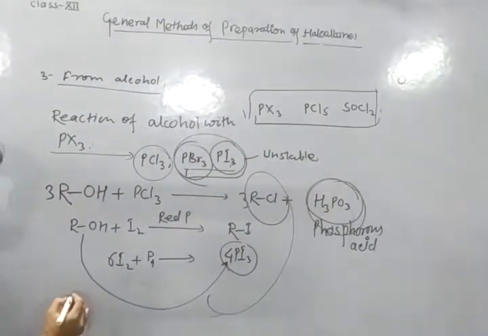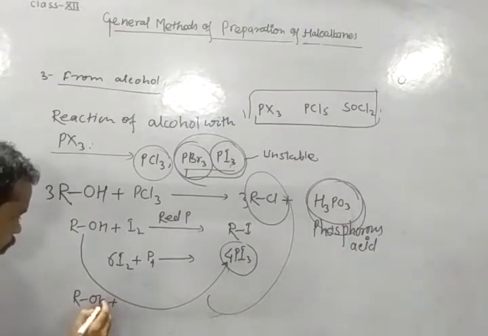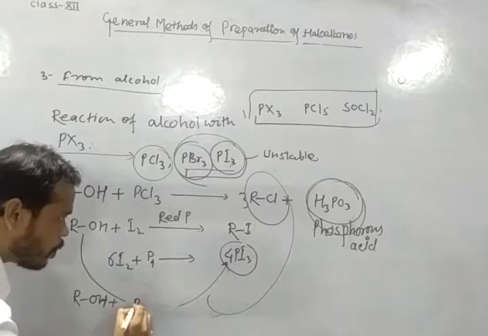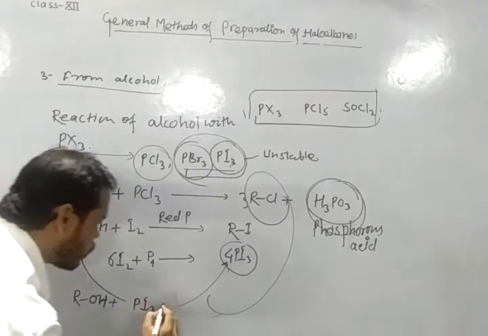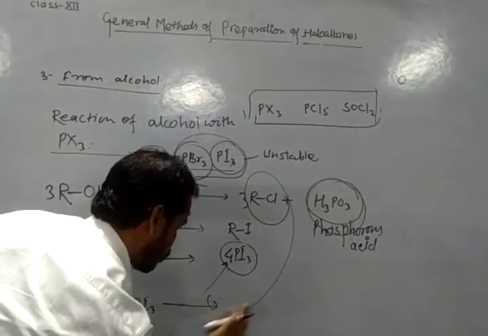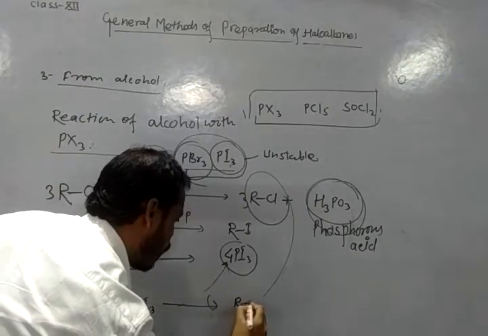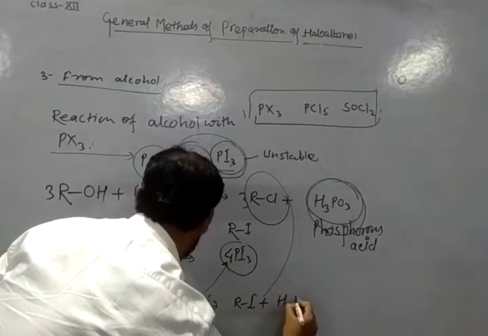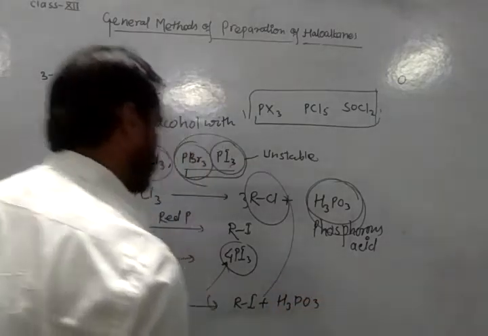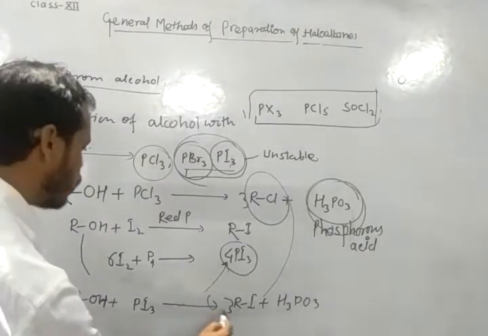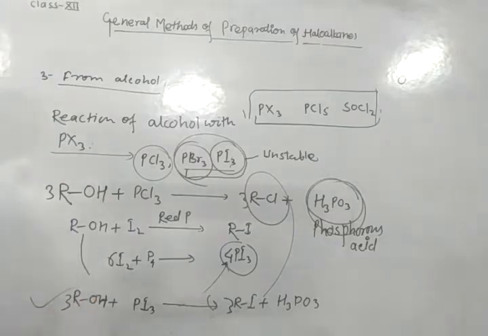Now once again, ROH plus PI3, phosphorus triiodide, forms RI plus H3PO3. Once again, balance this reaction: 3, 3. This is the balanced reaction.